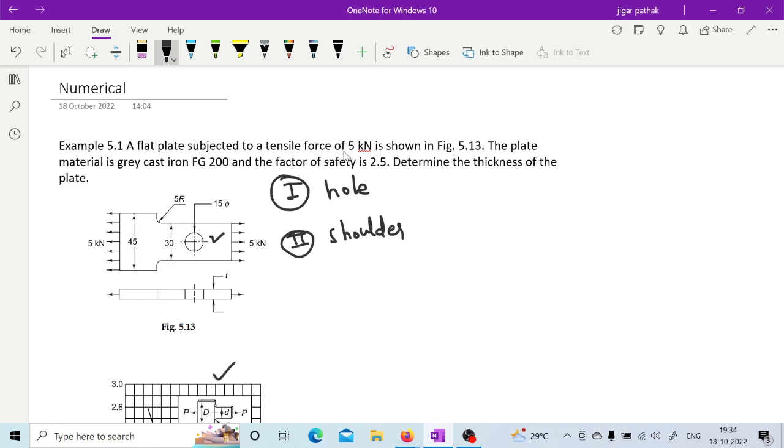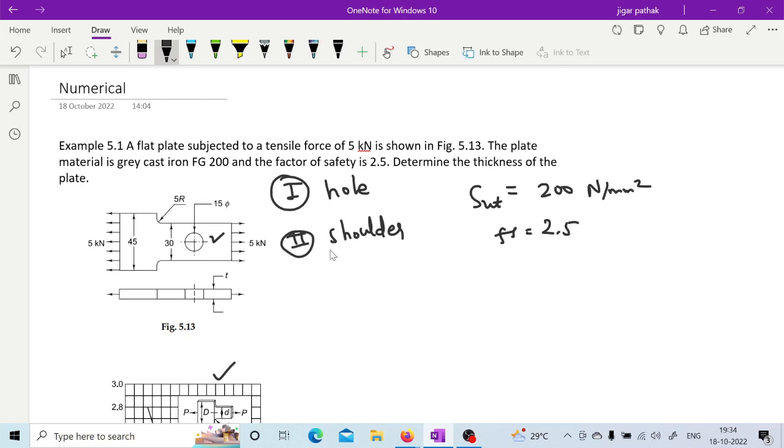For grey cast iron, the ultimate stress is 200 Newton per mm squared, and the factor of safety is given as 2.5.